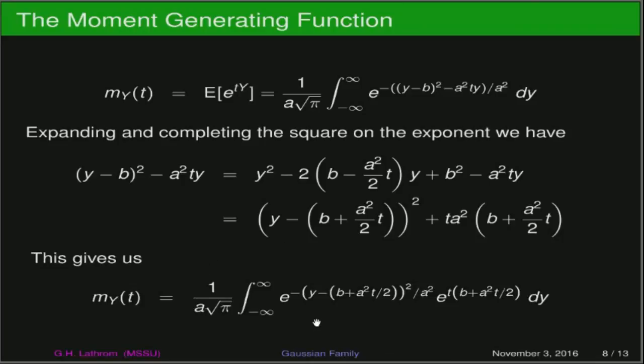So if we plug this expression back into our integral, then we are able to separate out this ta squared times (b plus a squared over 2t). We can separate that out using our properties of exponentials again.